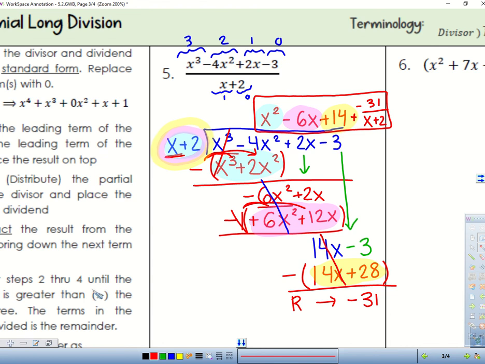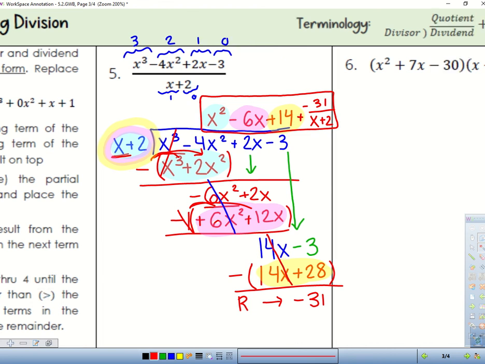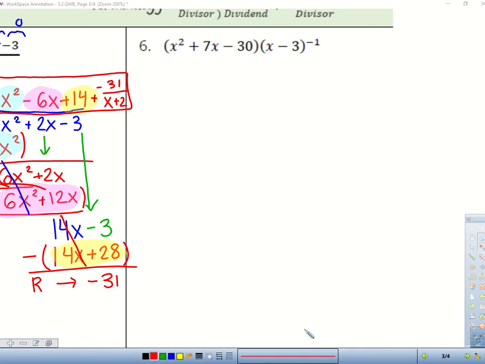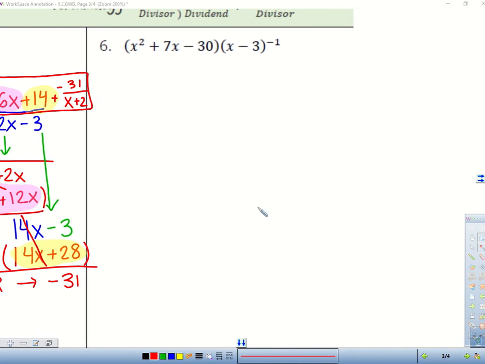All right. So now we're going to try one that hopefully helps you understand it a little better, because this one's a little bit easier, okay? So the only thing about this is recognizing this looks like multiplication, but it's actually division. Because what do we have to do with something to a negative power?